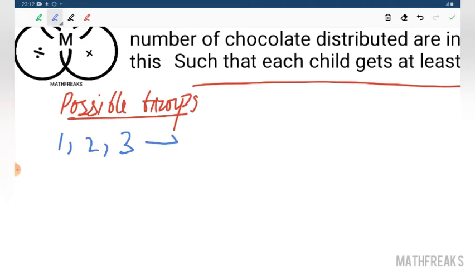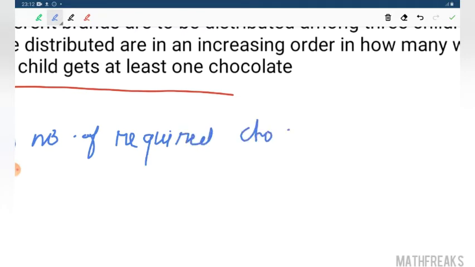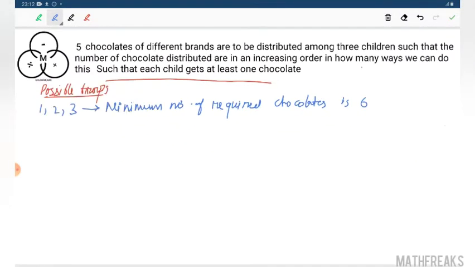But here we are getting that the minimum number of required chocolates is 6 to satisfy the given condition.